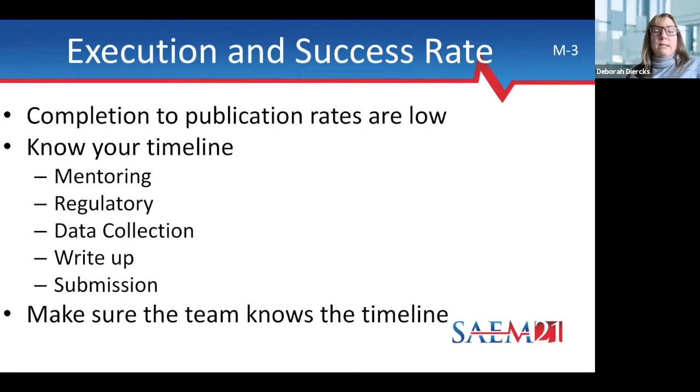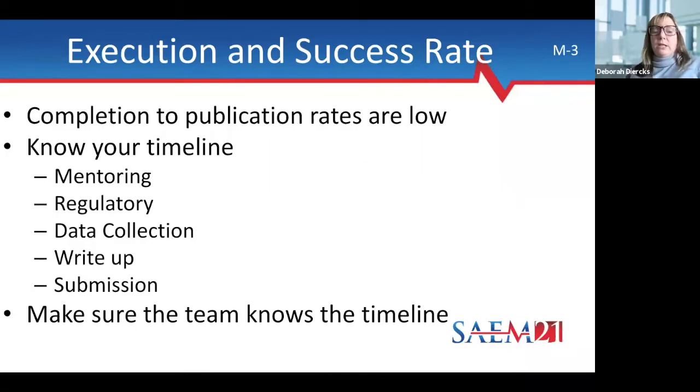I think it's important as a mentor, and a barrier to success, that you have to know your timeline. Whenever you start a project with a trainee, you need to be realistic about how long it takes to mentor the resident on the project and to get through the regulatory process. If you have a fixed timeline, it can take 2 to 3 months, depending on what type of study it is, and especially if it's over the holidays.